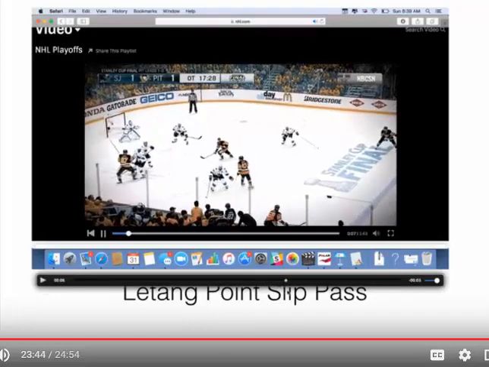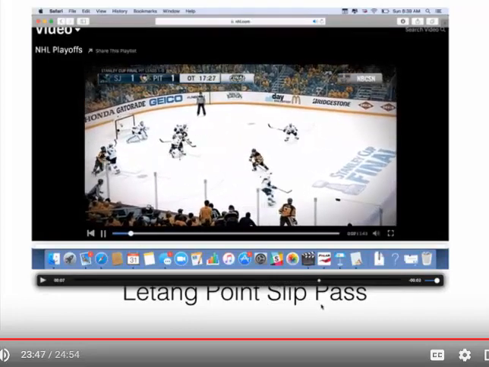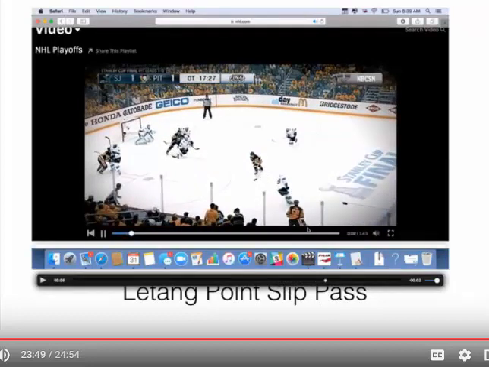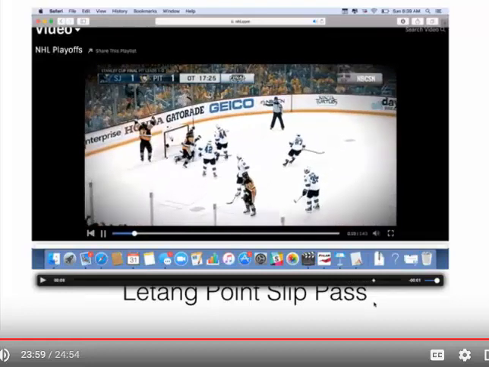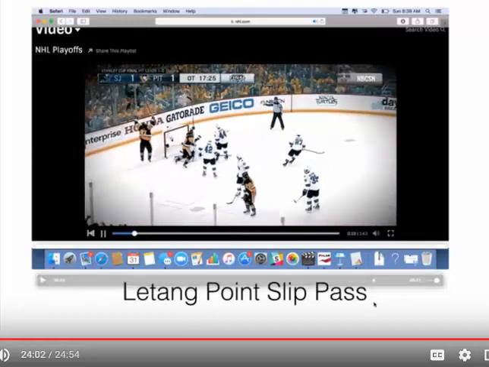Letang reads that, fakes the shot, and then pops the puck into the middle of the ice. And that's the triangle I think that we got to look to create more, try to find more opportunities to create shots from this area. It's going to give us a much better opportunity. You see they can't get into the shot blocking lanes, and the puck is in the net, and Pittsburgh wins the game. I really think that that's a huge opportunity there for the female game.